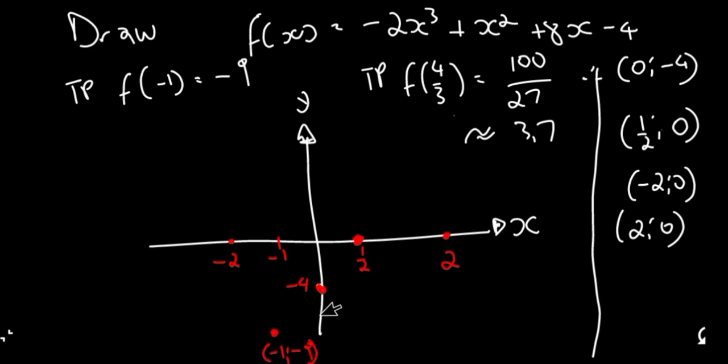(-1, -9), and our last turning point is at 4 over 3, which I've said is approximately 1.33. So maybe our turning point will be between this x-intercept and this x-intercept. It should be somewhere here. So it's (4/3, 100/27). Our turning point will be somewhere here.